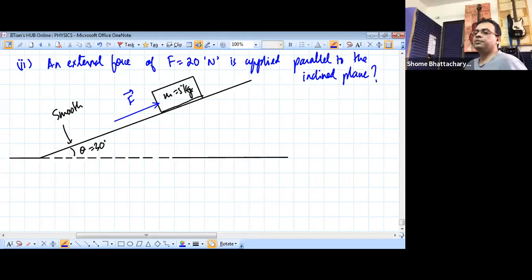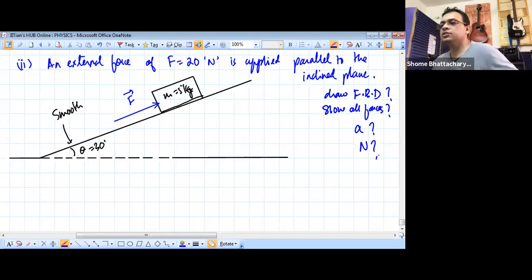Now from that you have to draw the free body diagram, show forces, and find acceleration and normal reaction.